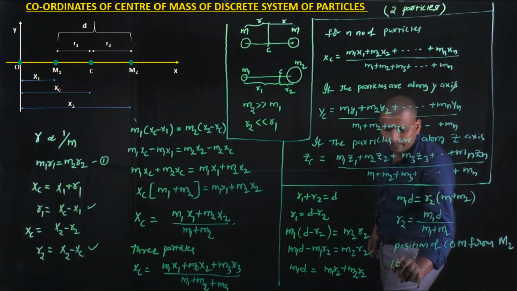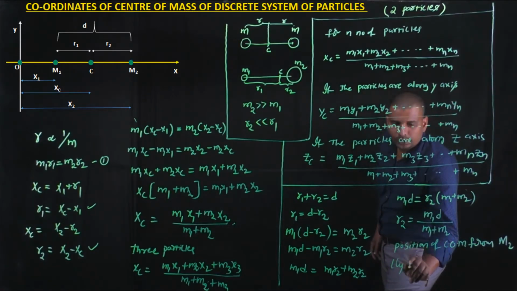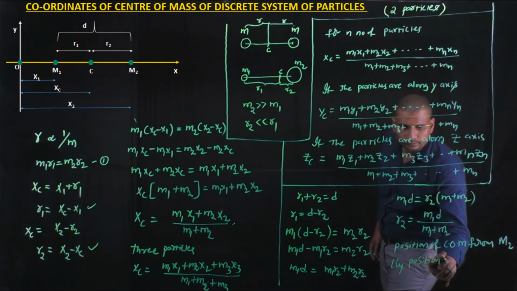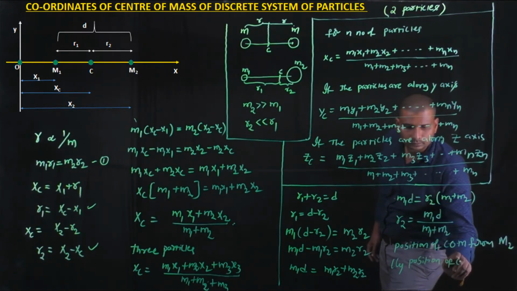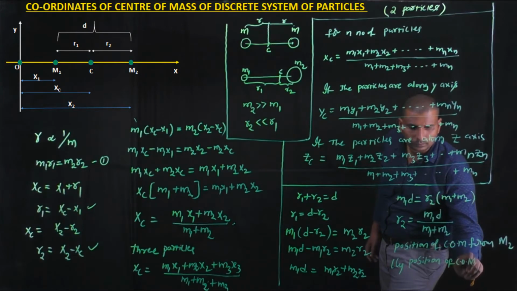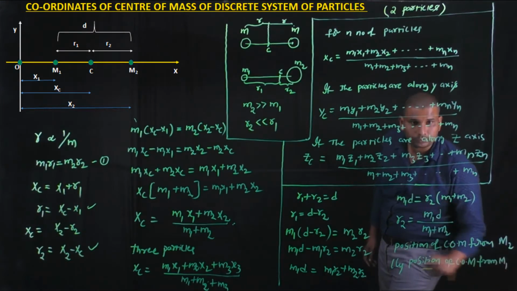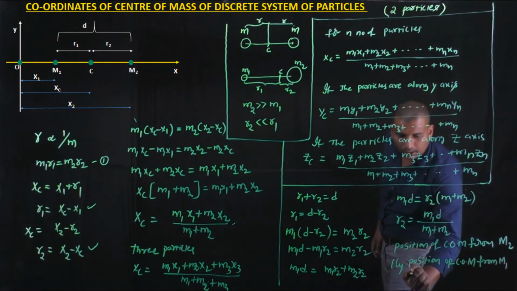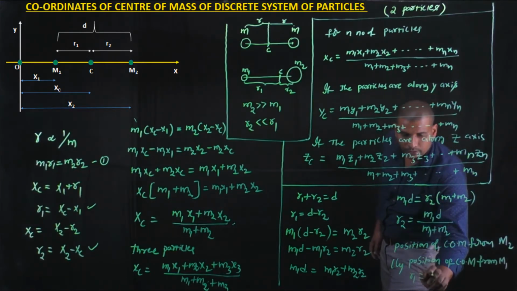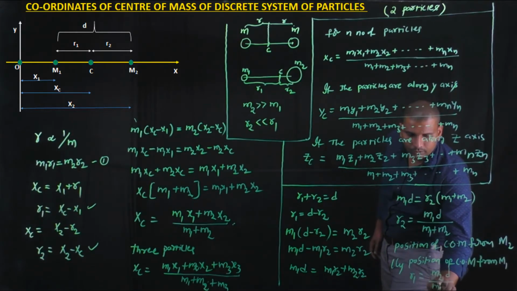Similarly, the position of center of mass from m1 is r1 equals m2d by m1 plus m2.